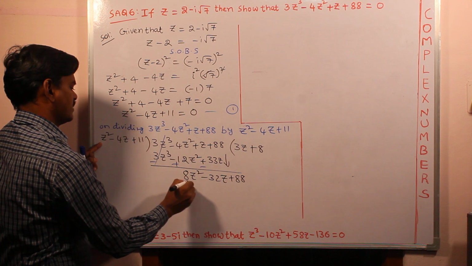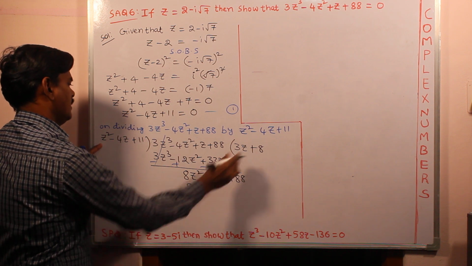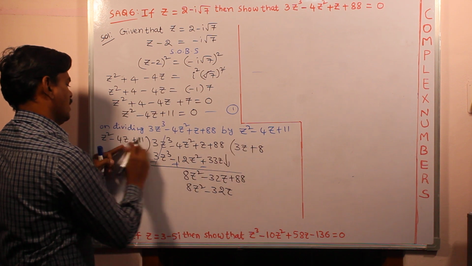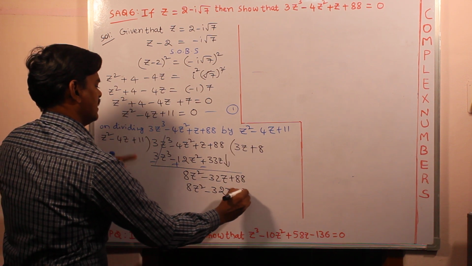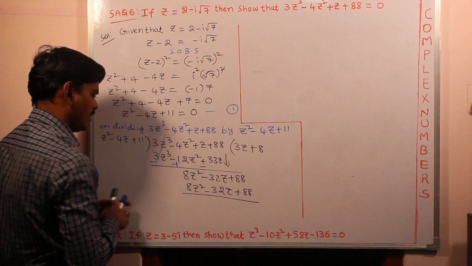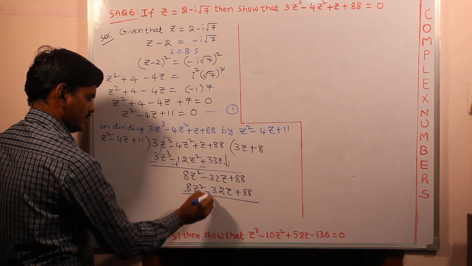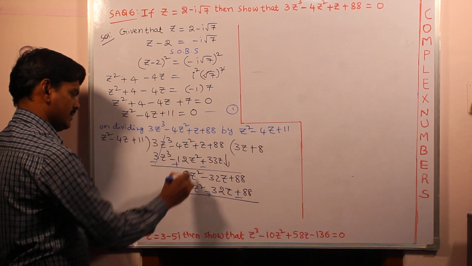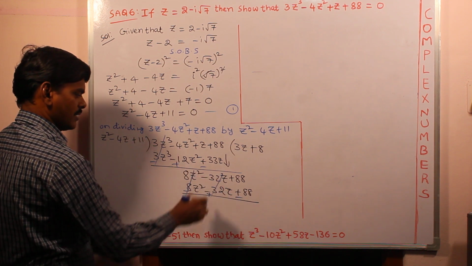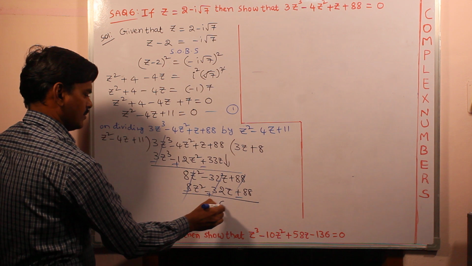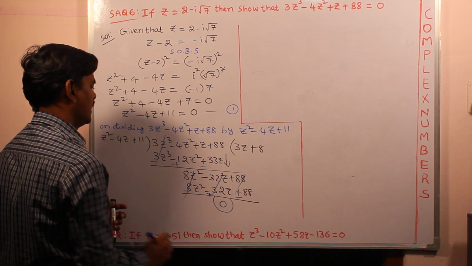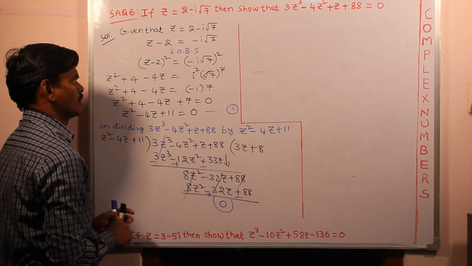Plus 8 into z square is 8z square, plus into minus, minus 8 fours are 32z, plus into plus, 8 elevens are 88. Now on subtraction, signs change: minus becomes plus, plus becomes minus. Now each and every term gets cancelled, so we are going to get 0 as the remainder. You will get remainder 0 for sure.